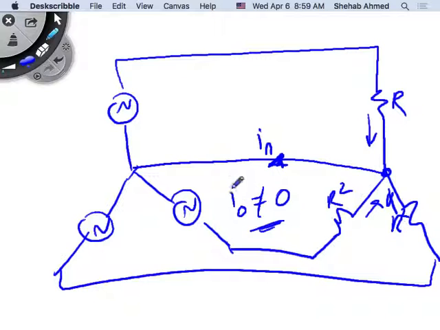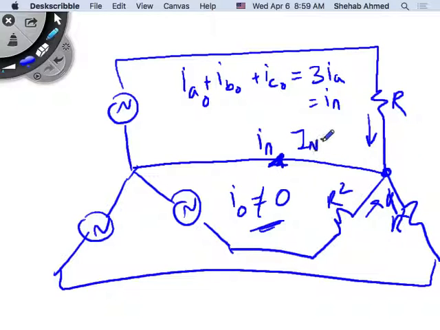We said that I0, the zero sequence component, is (IA plus IB plus IC) divided by 3, so the neutral current is equal to 3 times the zero sequence component.